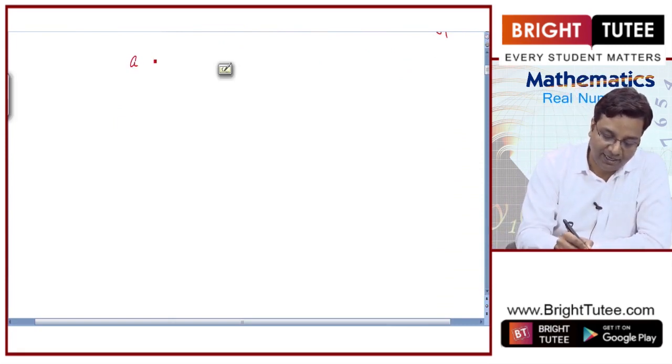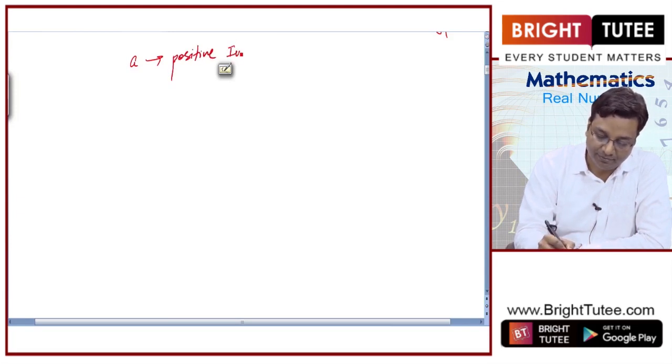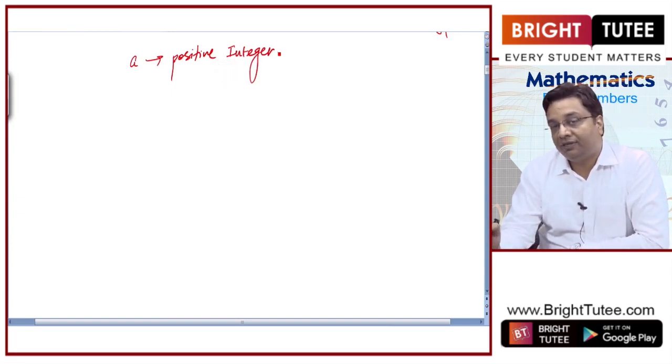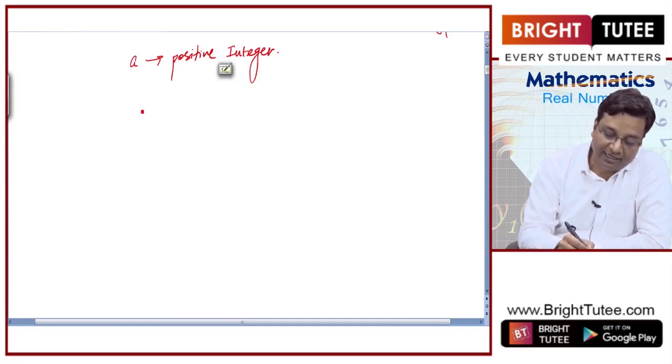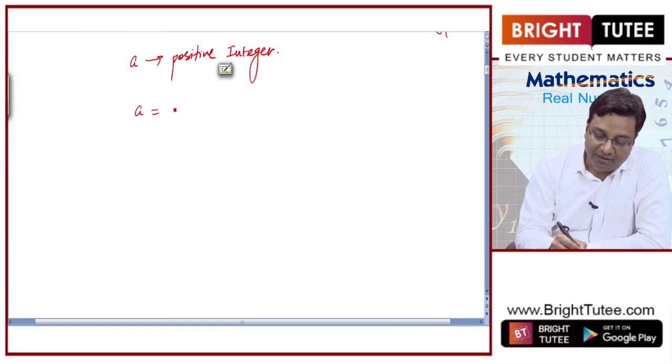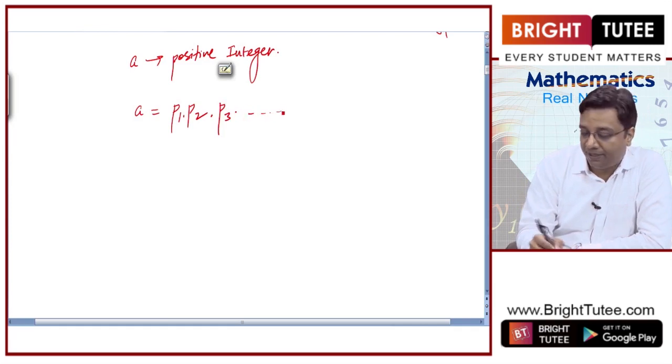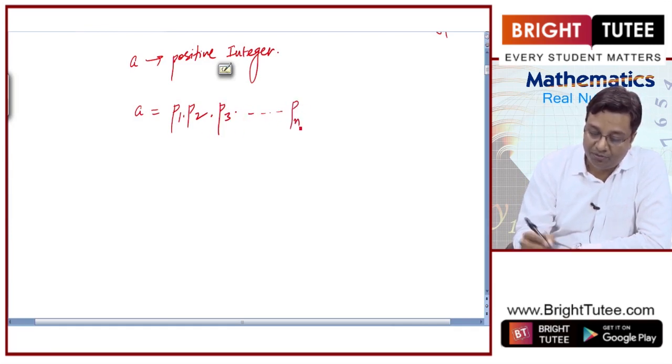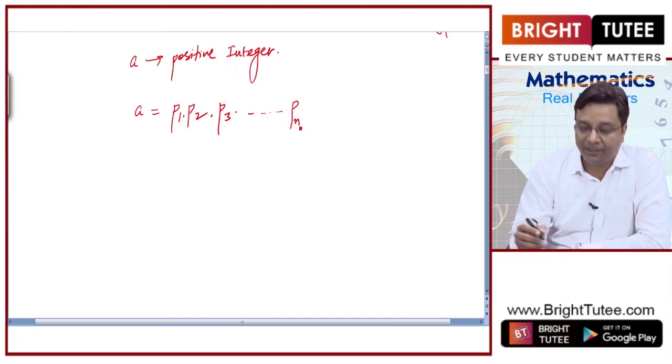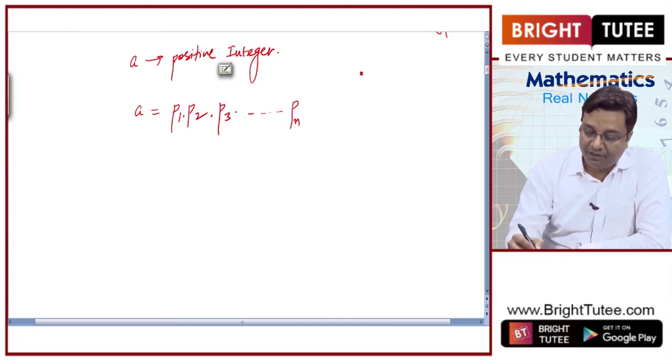Let us say a is a positive integer, and using the fundamental theorem of arithmetic, I can write a in its prime factorization form, let us say p1, p2, p3 up to pn. These p1, p2, p3 are primes.